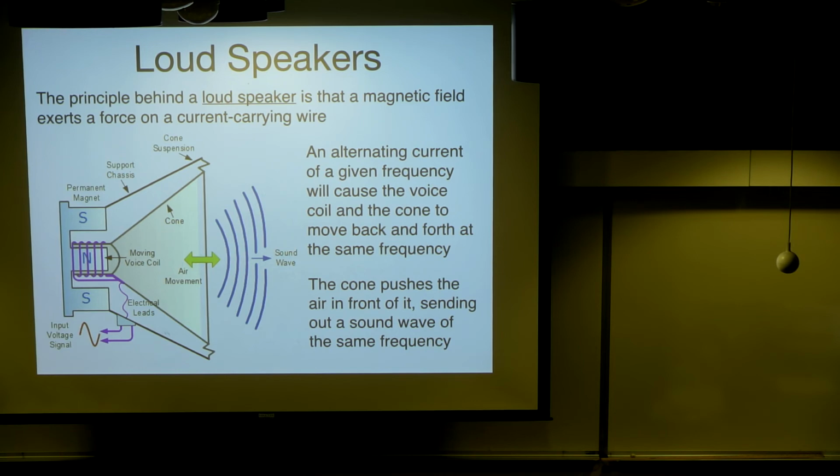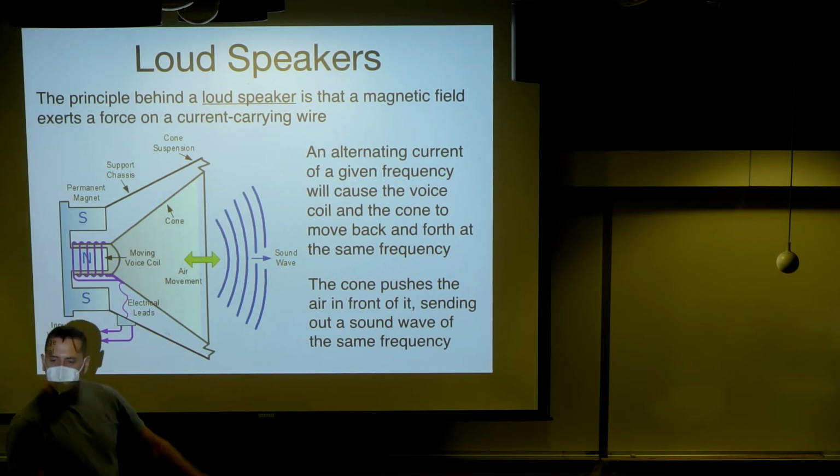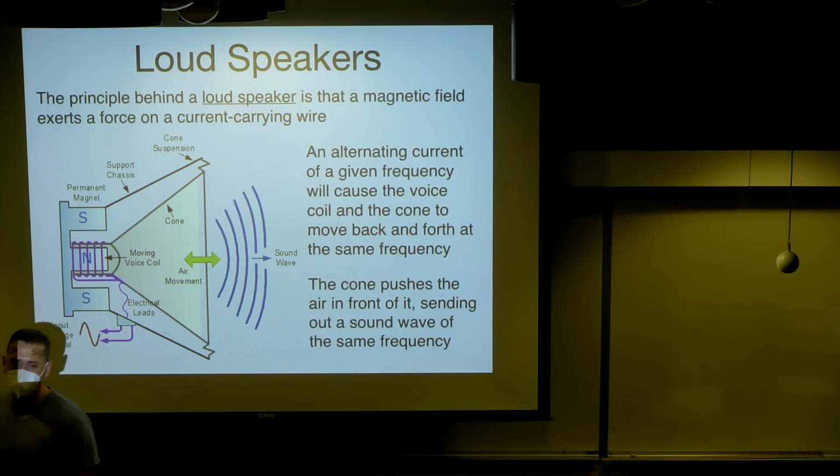Of course, if we're trying to play some sound with the speaker, this is not going to be just direct current. This is going to be an alternating current. It's going to be a very complex alternating current because it has to carry all the information about the sound wave that we're trying to produce. So for example, if I want to play a sound wave out of the speaker with a frequency of 200 hertz, I better be running some current through this coil with a frequency of 200 hertz.